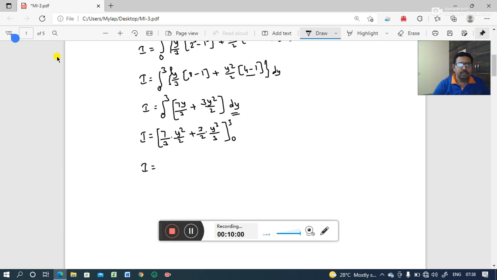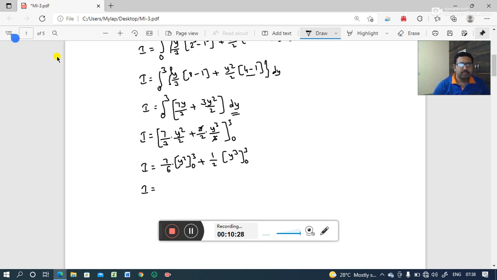Here take out the constant terms: 7 by 6 into y square. In place of y square you are going to use the limits. Then in the second term treat 1 by 2 as constant, and in place of y cube you are going to use the limits 0 to 3.